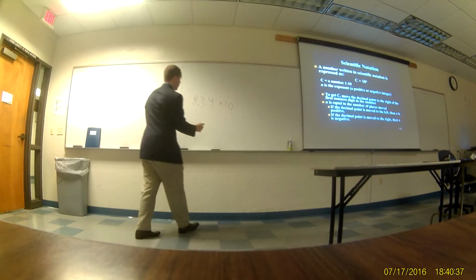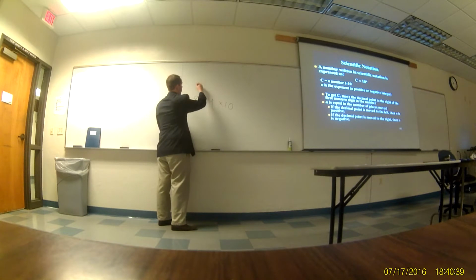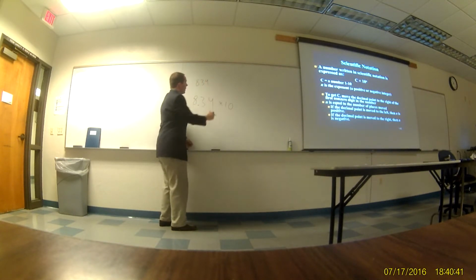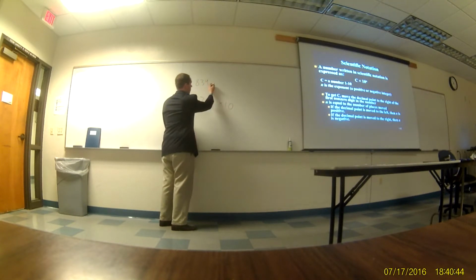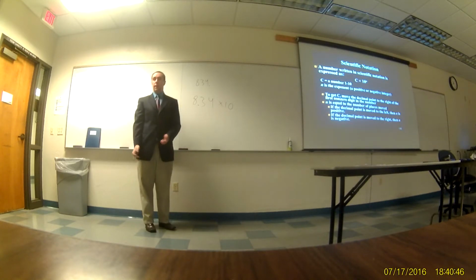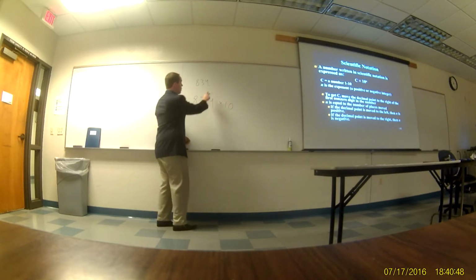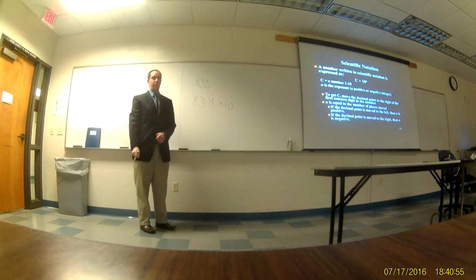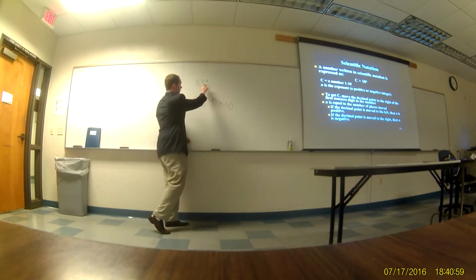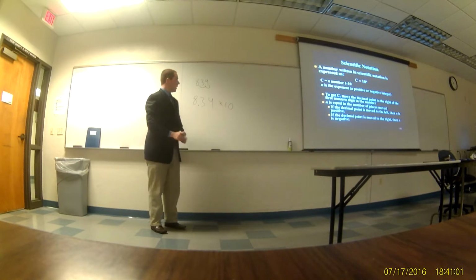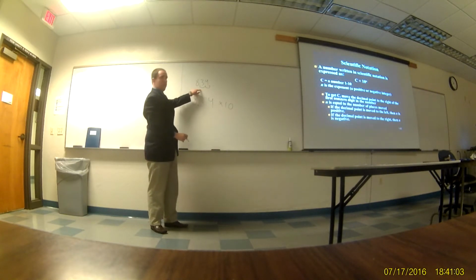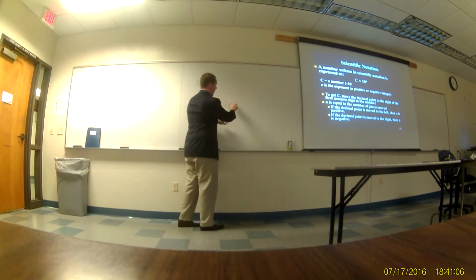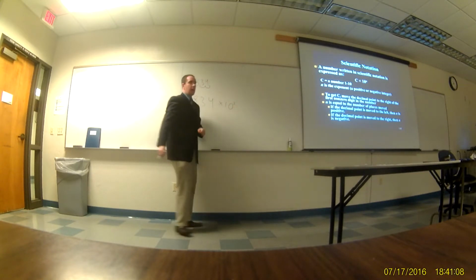We started with 834. In math, the decimal point is there, we just don't write it. It moved from here to here. So we moved it 1, 2 places. Count them. If you move it to the left, the n is a positive number.